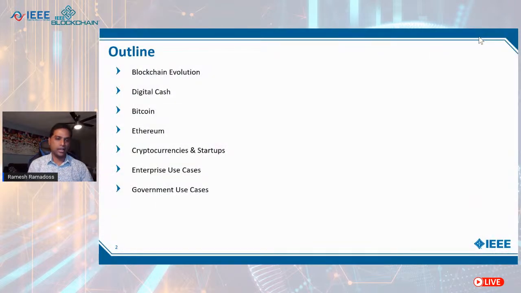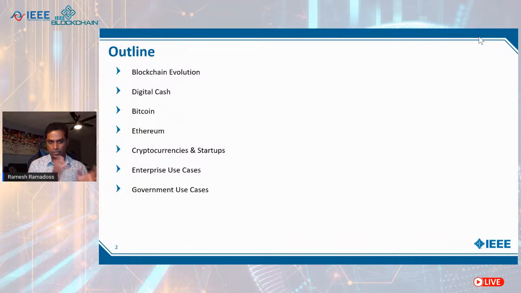So here's the outline of my talk. I'll first talk about the blockchain evolution as a whole field over the last 12 years. And then we will spend some time on digital cash, the concept of electronic cash. And then we will talk about Bitcoin, spend a few minutes on that. And then the next section is on Ethereum.